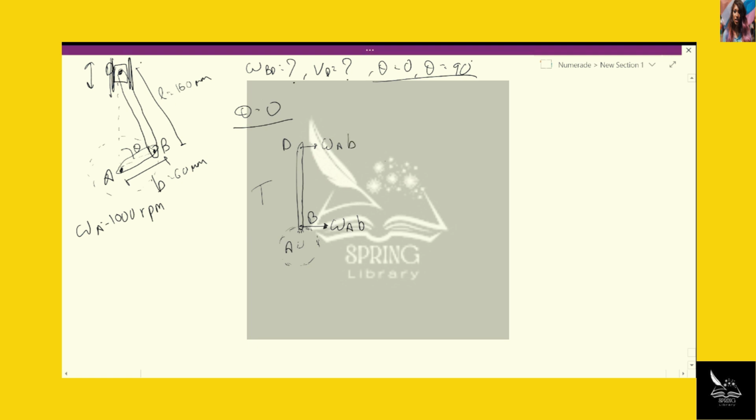And then plus, we need to add the rotational part. So for the rotational part, let us assume B to be fixed, and at point D, let us assume some omega. So let's assume clockwise.